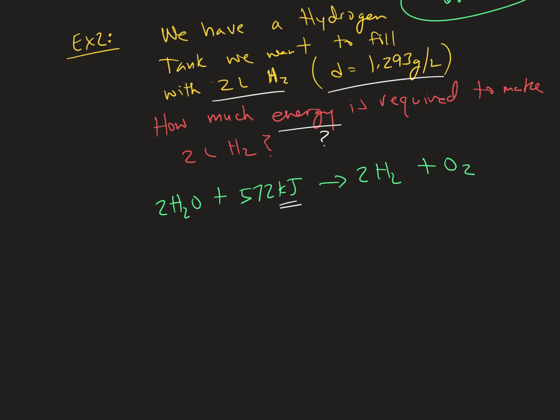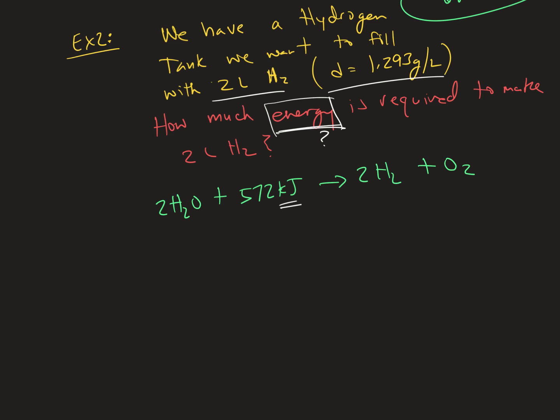Well, we really don't want to start with the heat. We could, but we don't know how much heat we have. That's what we're looking for, right? So that's what we want to end with. So let's start with 2 liters, right?